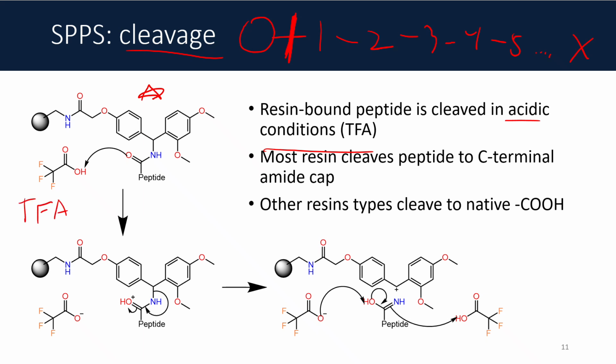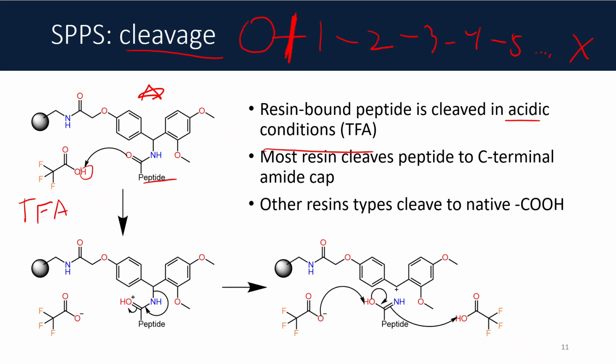It's acetic acid on steroids. TFA is such a strong acid that the amide bond between the peptide that we just made and our resin can become protonated in the following manner. This double bond O can accept a proton from here.